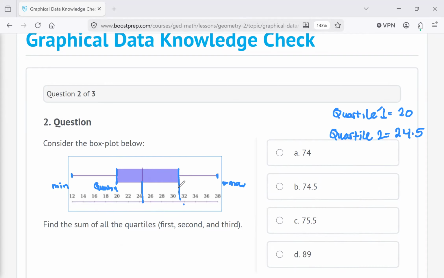So this vertical line is quartile three, just 31. If you add them up, it would be 20 plus 24.5 plus 31. That gives me a total of 75.5. So that would be C.